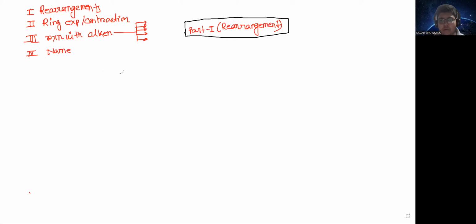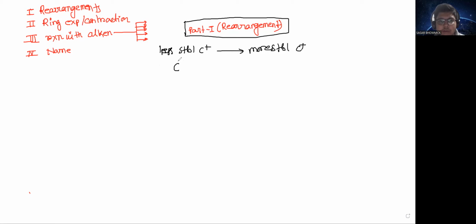When will rearrangement occur, if a carbocation is formed? If there is a less stable carbocation, then rearrangement will occur only if a more stable carbocation is formed. Only then will the less stable carbocation rearrange and form the more stable carbocation. There is a very common confusion among students.